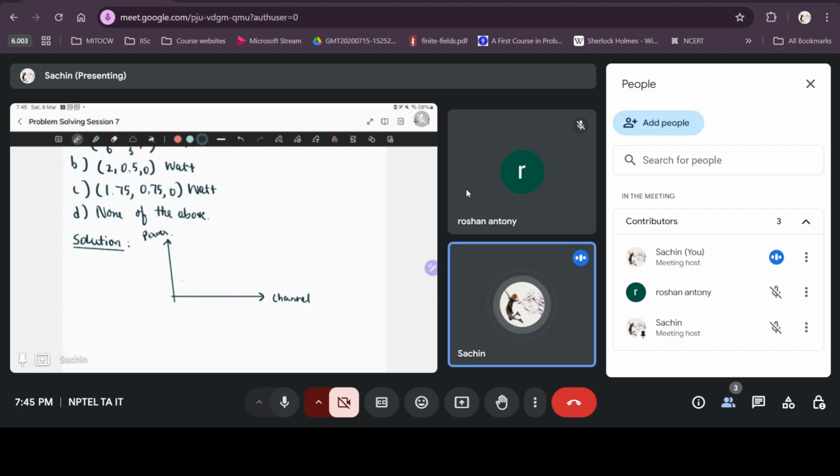We have three channels. The noise in the first channel is 1, noise in the second channel is 2, and noise in the third channel is 3.